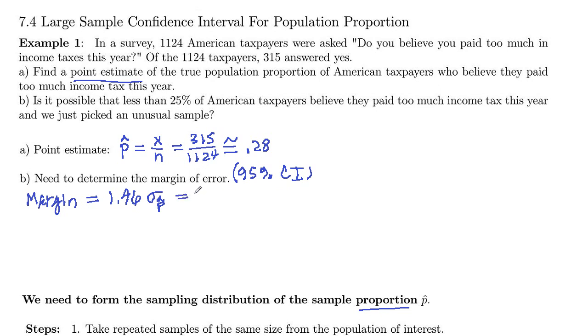And we don't know the population proportion, so this standard error is going to be 1.96 times the square root of p-hat, 1 minus p-hat over n.